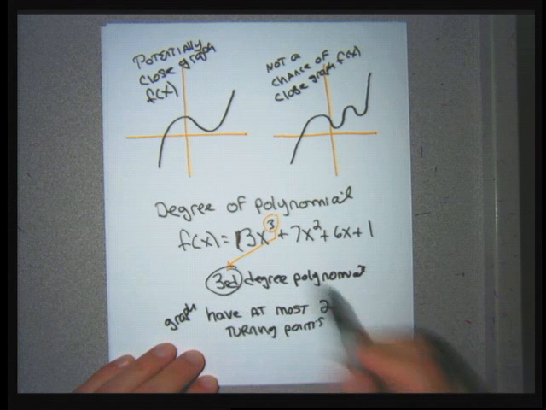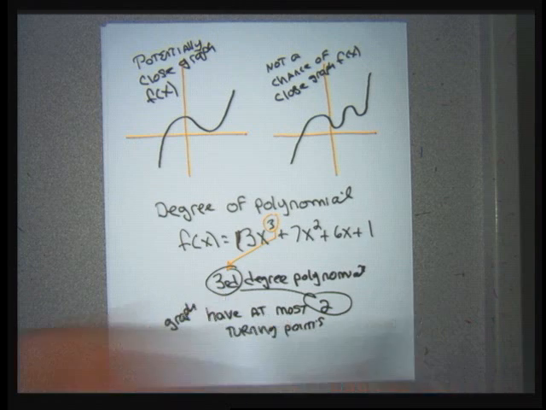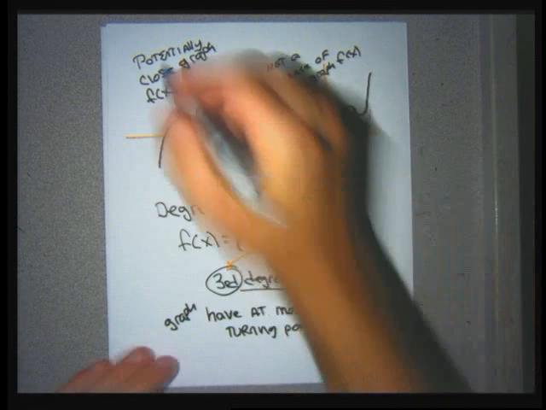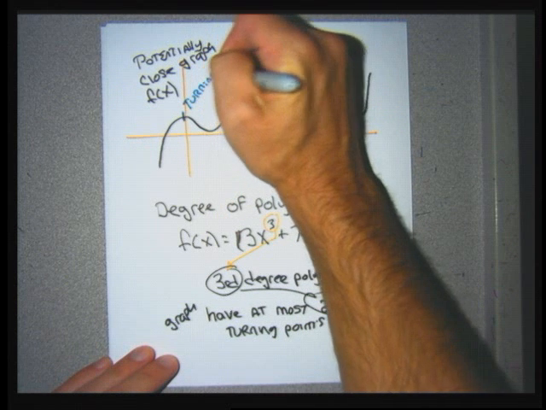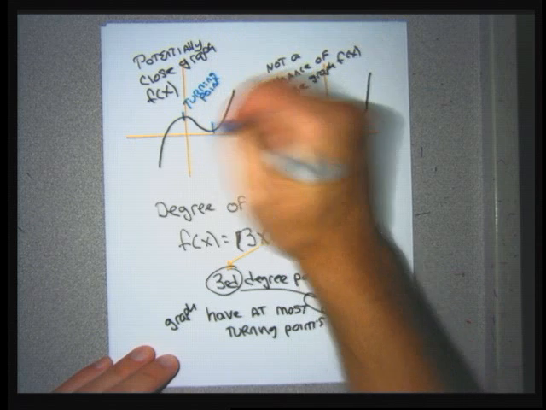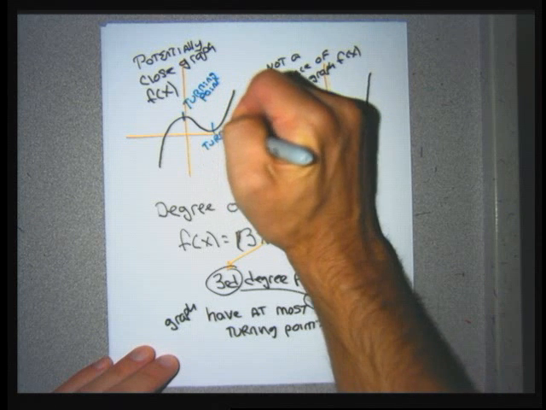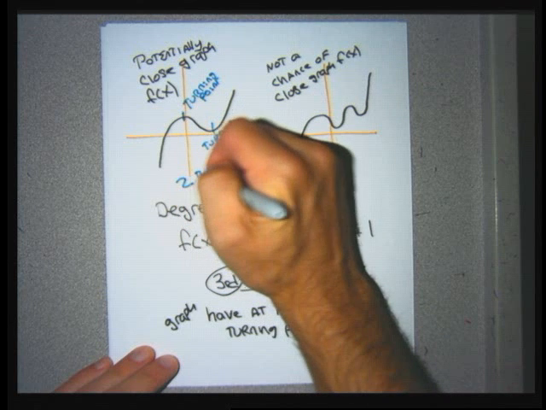You get at most 1 less turning point than the degree of the polynomial. And if I look at the first graph I drew, this is considered a turning point. It's a maximum point. And this is considered a turning point. This graph has 2 turning points.